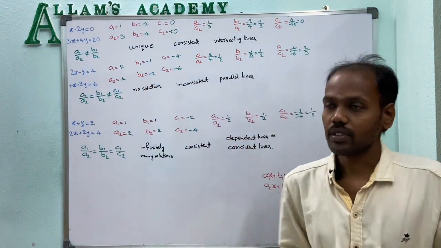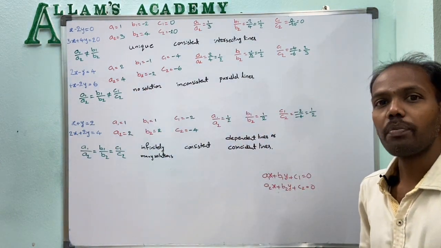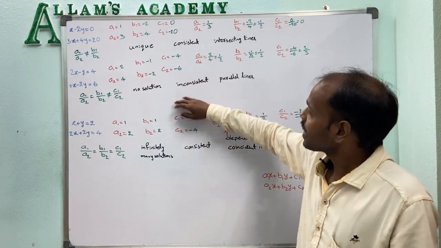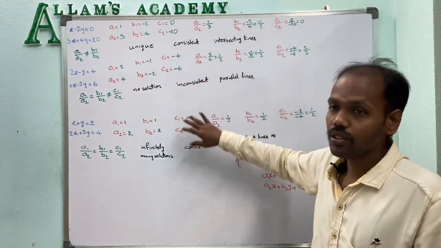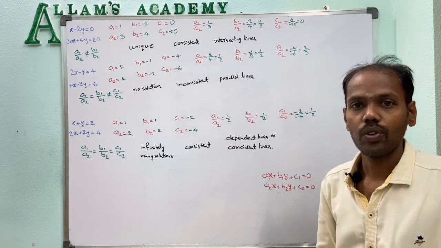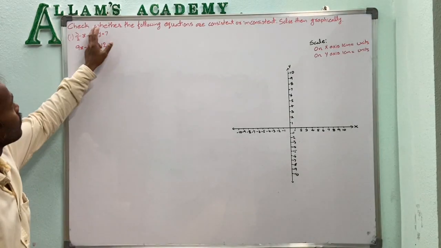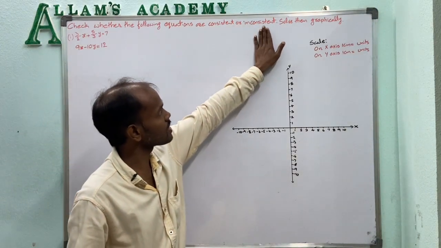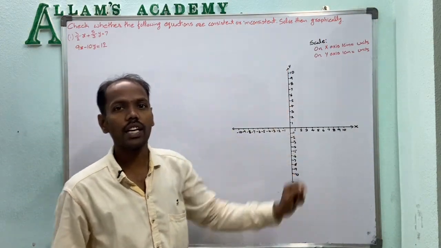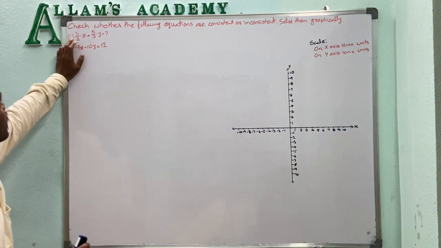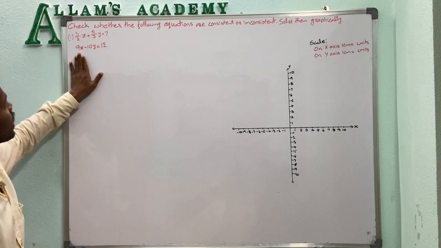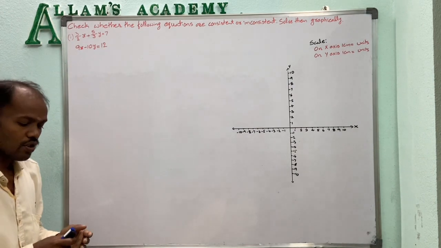So if a pair of linear equations is given, then any one of those three conditions holds. Check whether the following equations are consistent or inconsistent. Solve them graphically. The problem given is 3/2 x plus 5/3 y equal to 7, 9x minus 10y equal to 12.